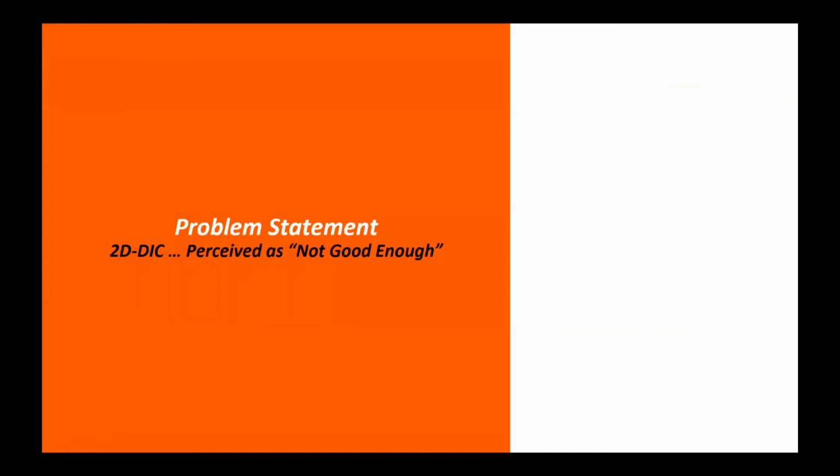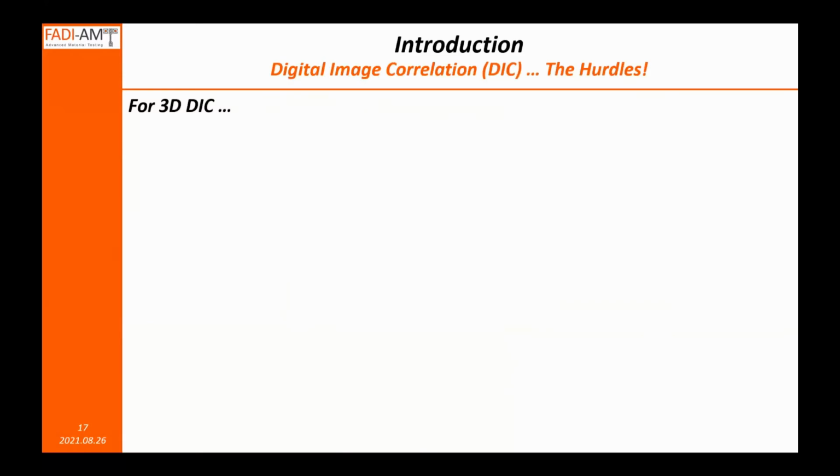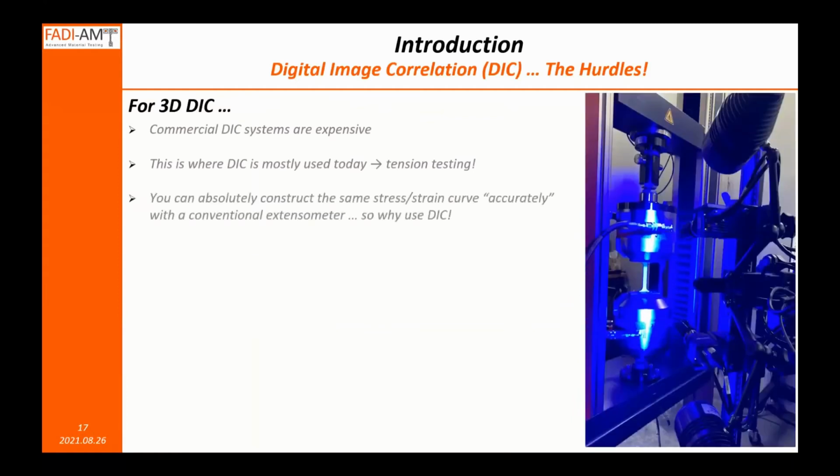However, let's dig into the problems and the limitations. Before we go to the 2D DIC problem, let's talk about the limitations and the hurdles that 3D DIC faces. So even before we go to the special case of 2D, when we talk about digital image correlation in general, there are some limitations to why we don't see them used as extensively as we would like to. The main limitation for 3D DIC systems is the fact that those systems commercially available are relatively expensive.